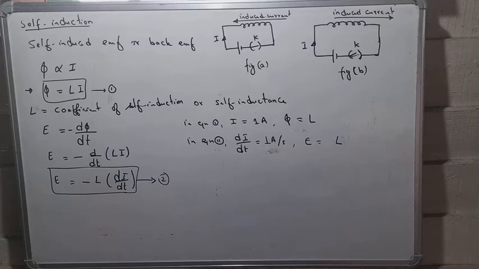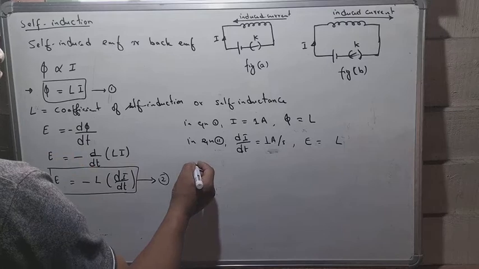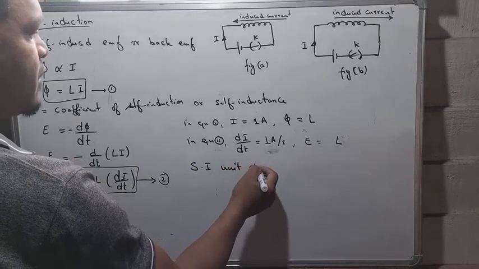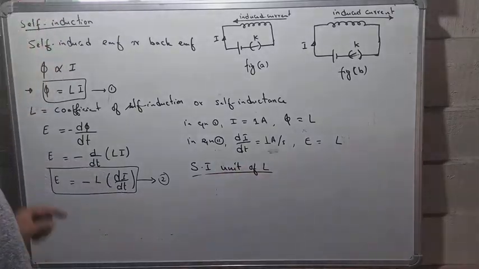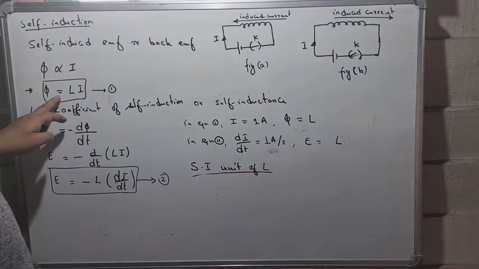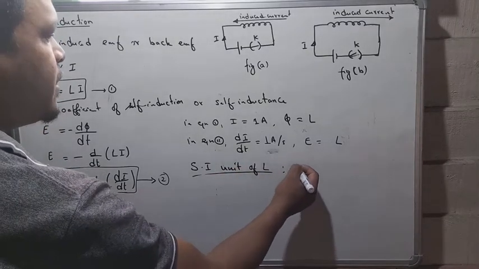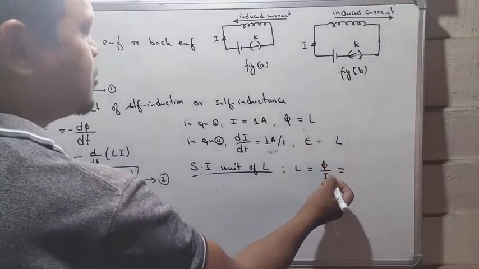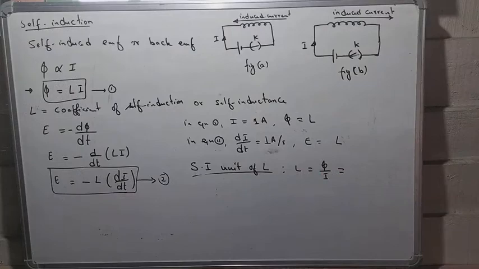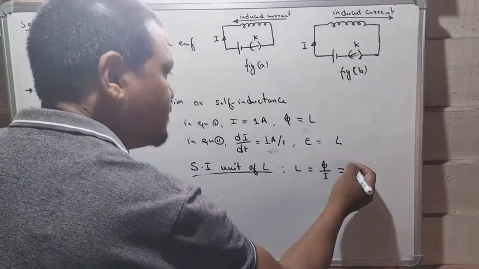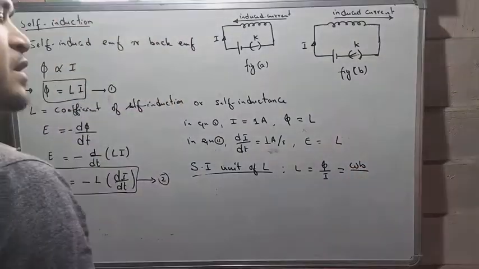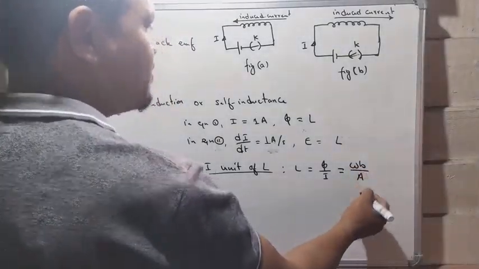Now we will come to the SI unit of self-inductance. Looking at equation 1, L is equal to phi upon I. What is phi? Magnetic flux, measured in Weber. What is I? Current, measured in ampere.